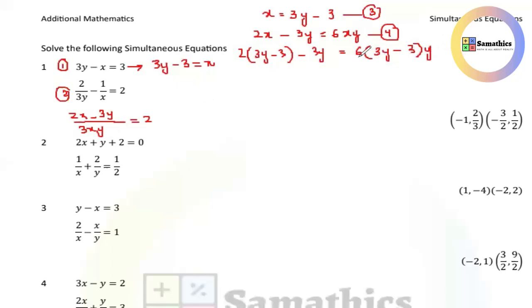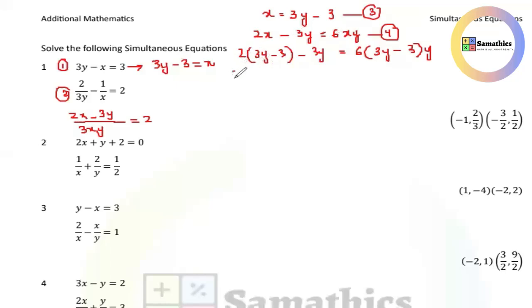Now either you write 6y over here and then write in brackets this 3y minus 3, or you write it in this way, it will be the same, but you have to make sure that you are multiplying y and 6 both by this bracket.